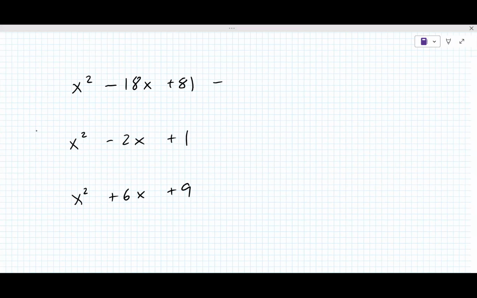I want you to help me factor each of these, please. Or you can work them out and give me the answer here at the end. Let's work together for this, honestly.